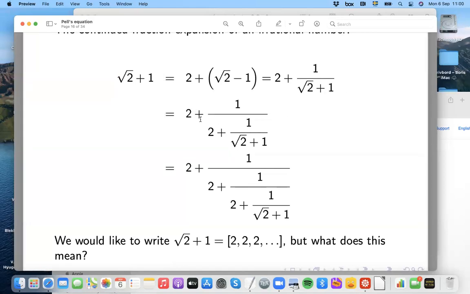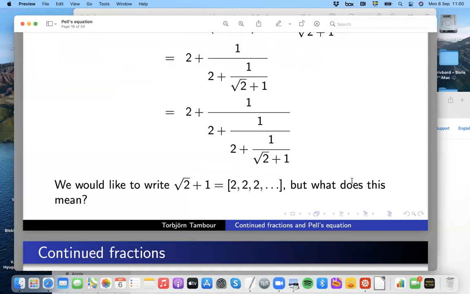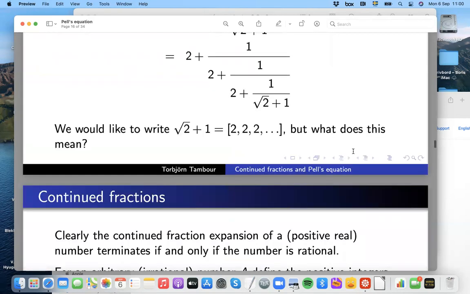So you see, on the next step we'll be getting 2 and 2 here, and again repetition. And you can continue this as long as you want. So what we get is that the square root of 2 plus 1 with this process will correspond to an infinite sequence of 2's. But what does it mean that we have an infinite sequence of 2's?